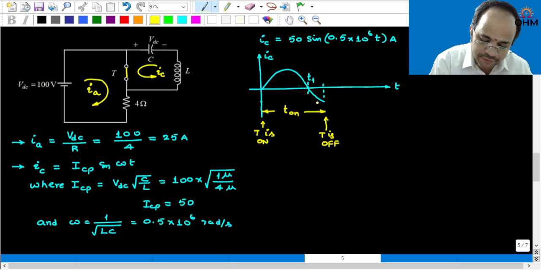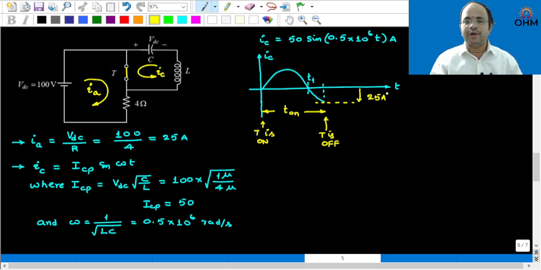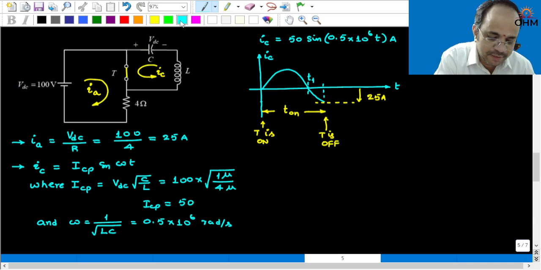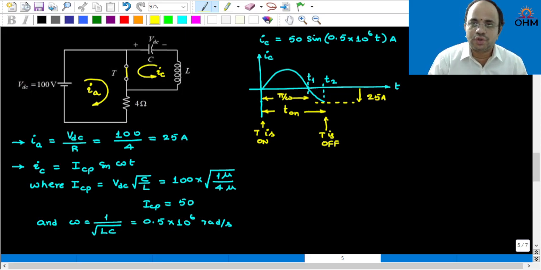At this point of time, the capacitor current should be equal to 25 ampere. Let me say this instant is T2, and the interval from 0 to T1 is pi by omega.